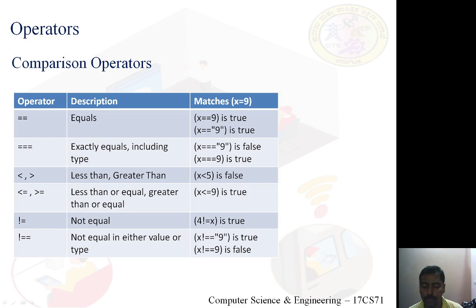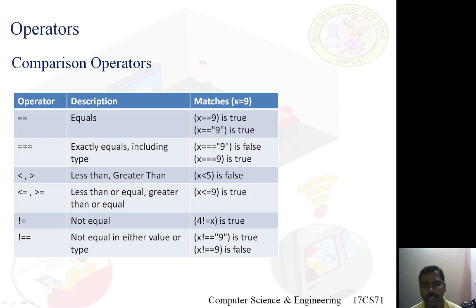But suppose I want to compare two variables strictly, not only with the contents but along with the data type. I need to go for the triple equal sign. So in the first case, x triple equals "9" within double quotes returns false because x was the number 9 but I am comparing with the string 9. Got it? The second case returns true because x and 9 are both numbers.